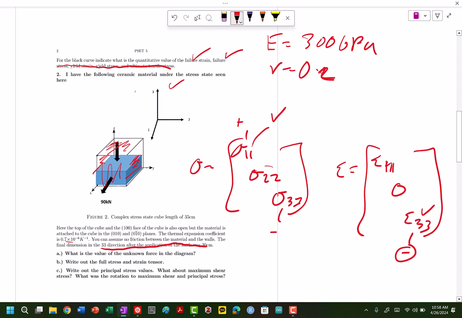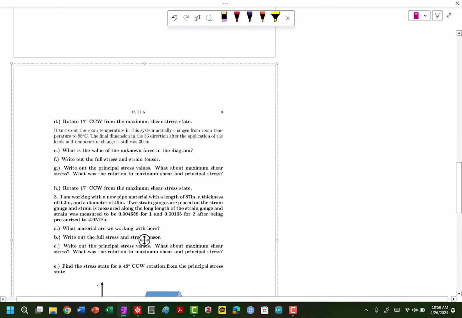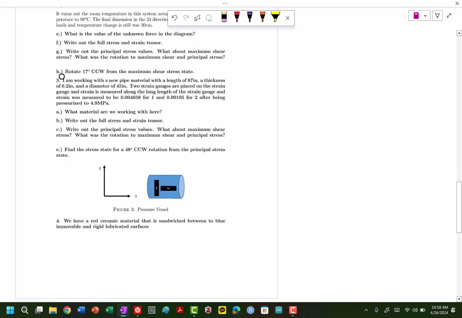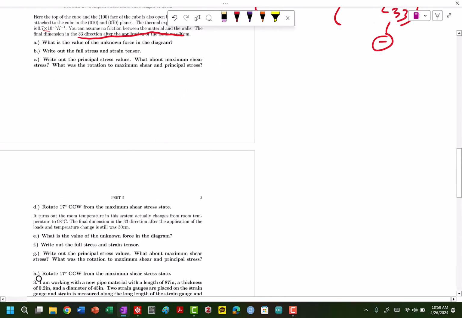So we're left with unknowns of this, and of this, which is great. Three unknowns, we can solve for this. A little bit of a red herring with the thermal expansion coefficient, but yeah. Actually, no, this is a nice continuous problem that we're going to work through. So let's go ahead and get to it.